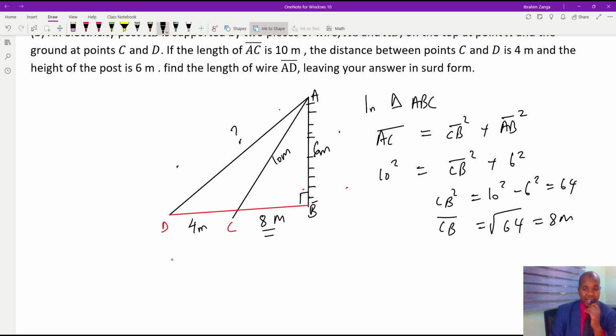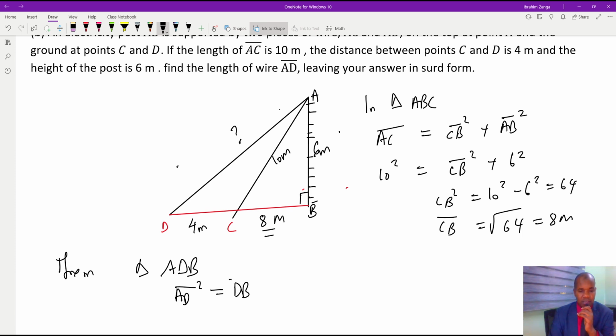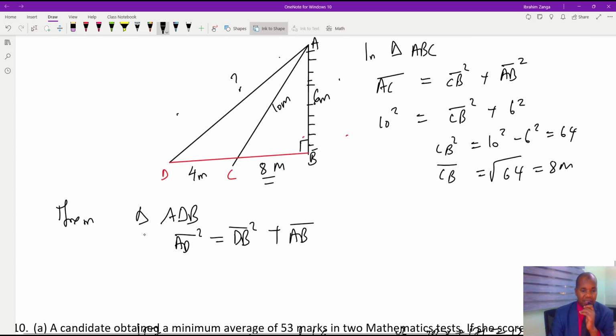And now to find the AD, we are going to use triangle ADB. We'll use Pythagoras theorem, and so AD square equals DB square plus AB square. We are looking for AD, by the way.